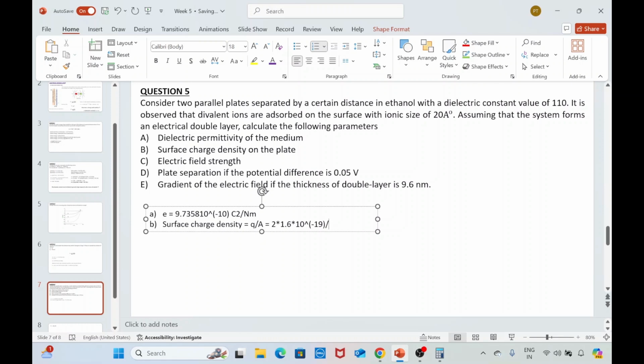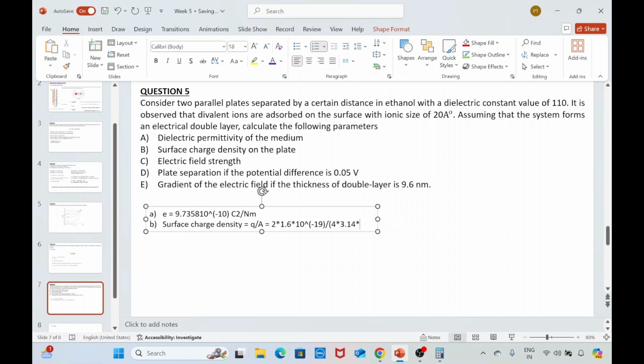So we are given the ionic size as 20 Armstrong and assume that the ions are spherical in nature. So area will be 4 pi r square, 4 into 3.14 times r square.